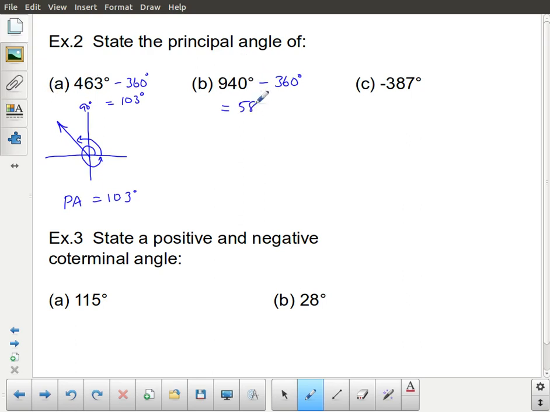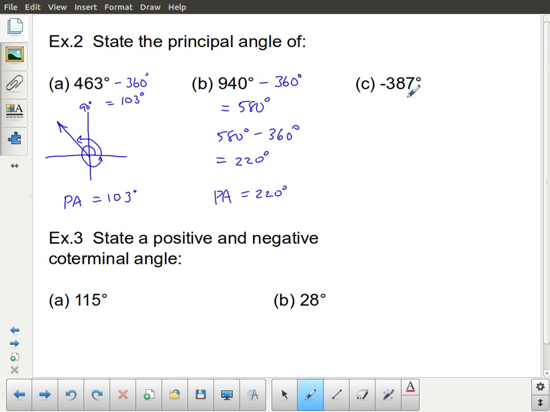But 580 degrees is still too big. So I do 580 degrees minus 360 degrees, and that one gives me 220 degrees. 220 degrees is between 0 and 360. This is the principal angle. So the principal angle is equal to 220 degrees.